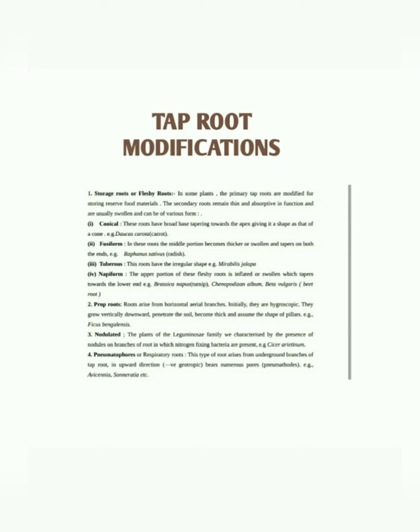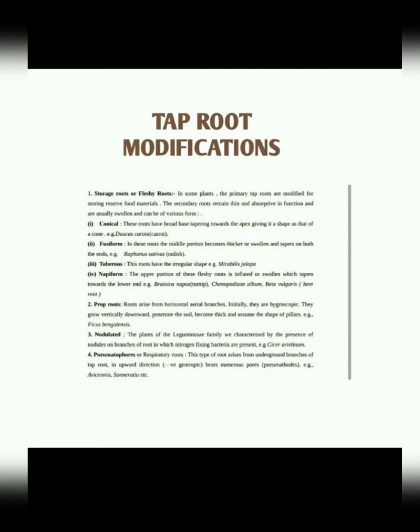Conical, the name itself indicates that the root is turning into a cone shaped structure. These roots have a broad base tapering towards the apex, giving it the shape of a cone. What is the shape of a cone? At one end it will be very broad in base, and at the other end it will be very tapered.